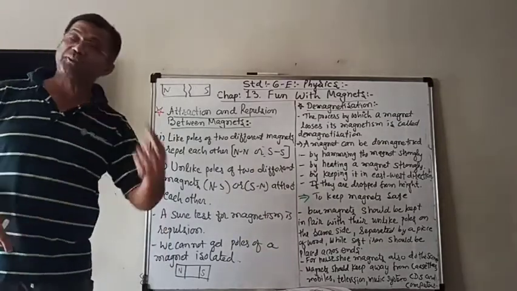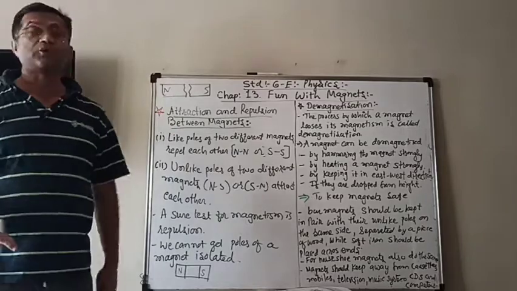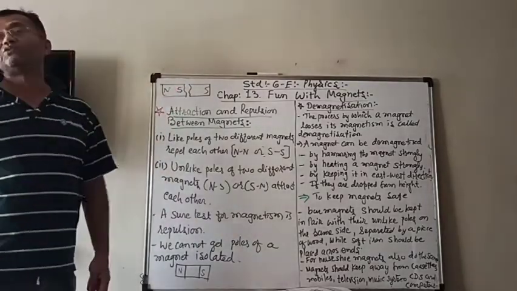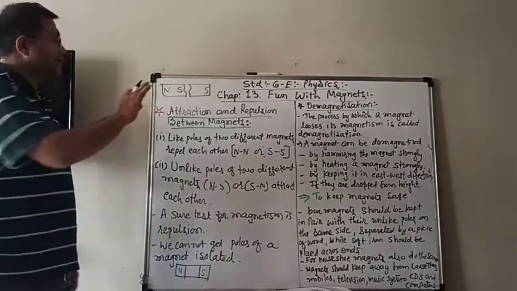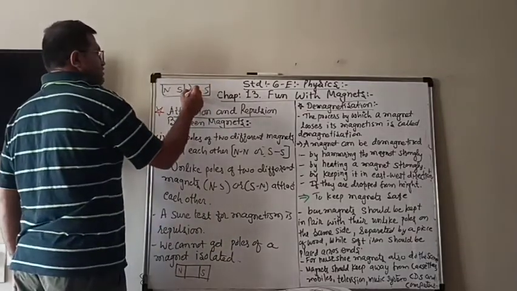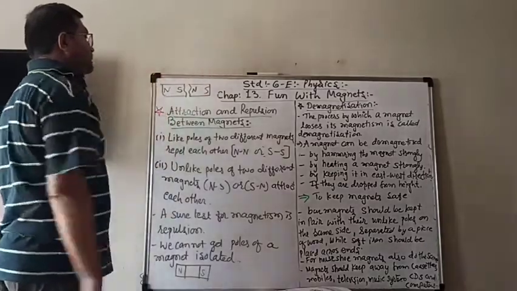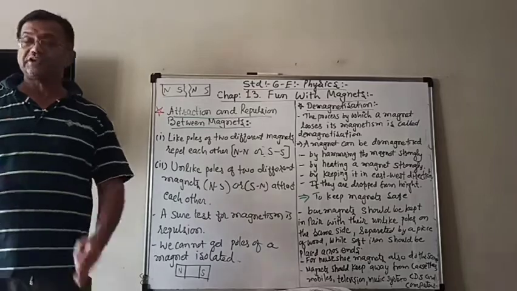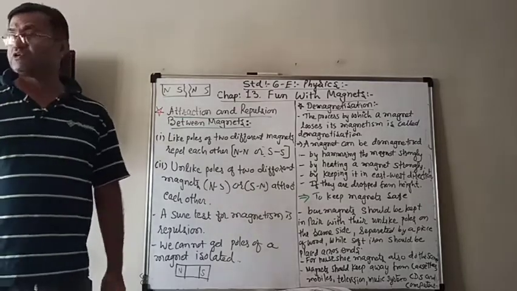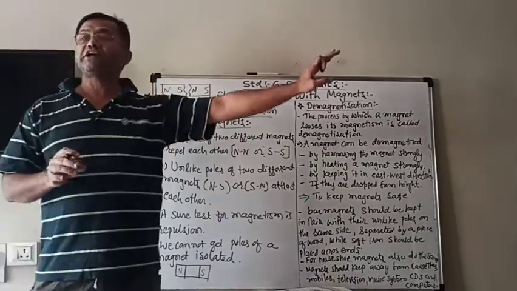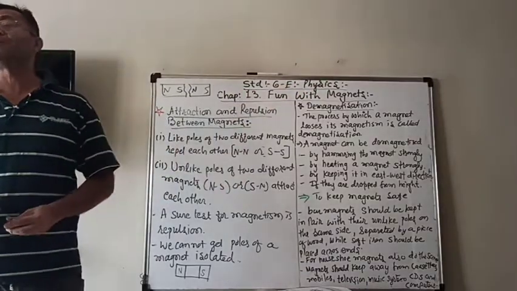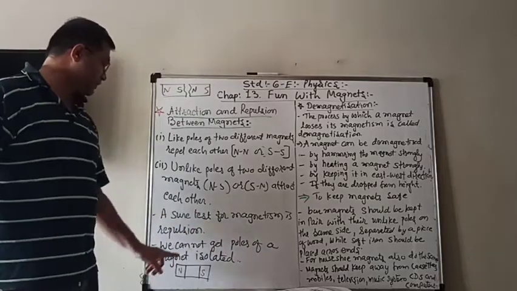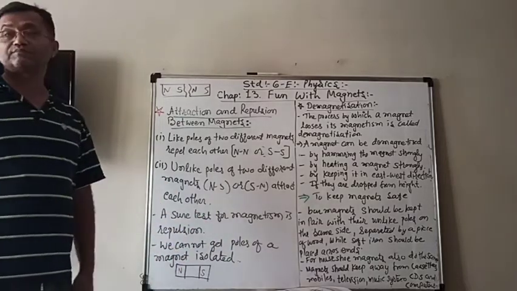Automatically the opposite side will get the other pole. Here automatically the south pole will be created, and in the next piece also the remaining part will act as the north pole. So when you cut it into pieces, you cannot get a magnet with only a north pole or only a south pole. It means we cannot get the poles of a magnet isolated.